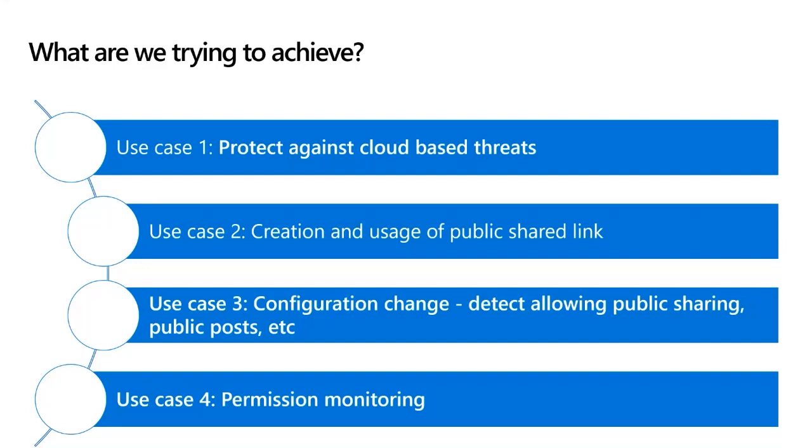The third use case is regarding posture management visibility, and it focuses on detecting allow public sharing and allow public posting. We will show in this use case why it's important and how to configure it. The fourth use case is regarding permission monitoring inside Slack, and how to prevent and detect users that were elevated in their permissions.